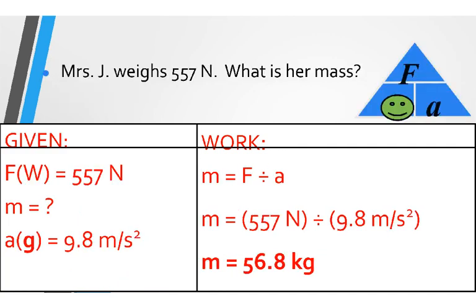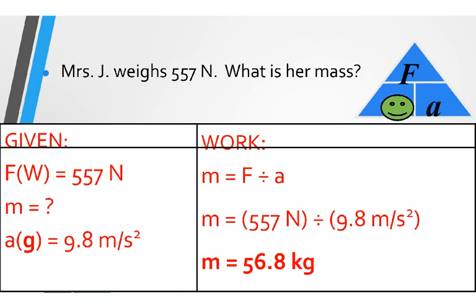This one is a little bit different. I'm not going to ask you to do any of these right now, but it tells you that Miss J weighs 557 newtons. What is her mass? In this situation, we're looking for the mass, and the force is the weight, which is 557 newtons.